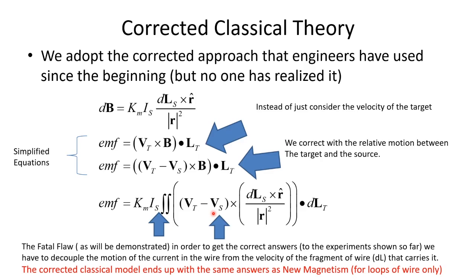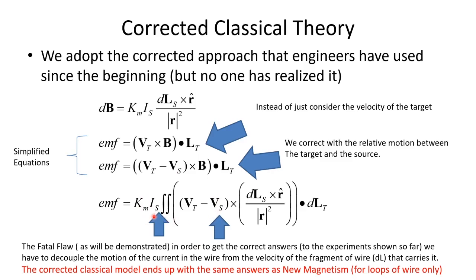So here we're separating the velocity of the wire from the velocity of the charges, whereas in new electromagnetism, you have to consider all velocities. And that's what separates new electromagnetism from classical theory, because here, this works, but I'll show you it breaks down when we get to some real experiments where the source of the magnetic field is in motion, because this does not account for everything, and this is why it breaks down.